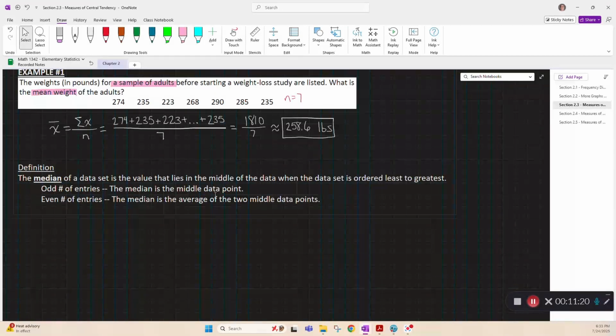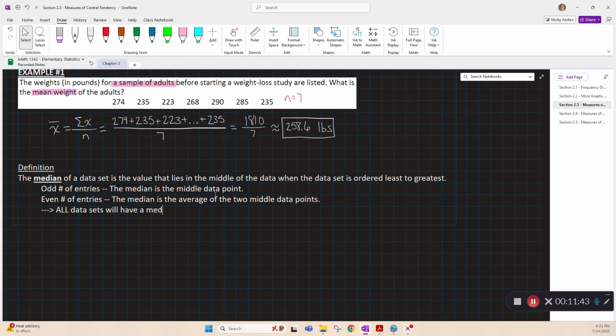So what does this tell you? This tells you all data sets will have a median.